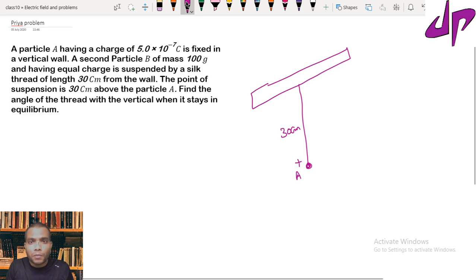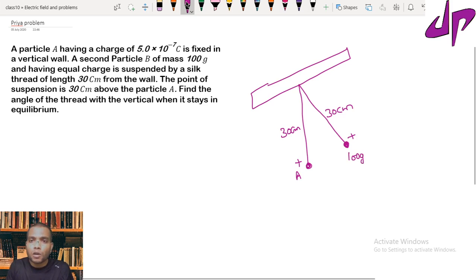And second particle B of mass 100 grams having equal charge is suspended by a silk thread of length 30 centimeter from the wall. So from this wall, another charge, same charge, also suspended, and this is also length of 30 centimeter, and it is having mass 100 gram.